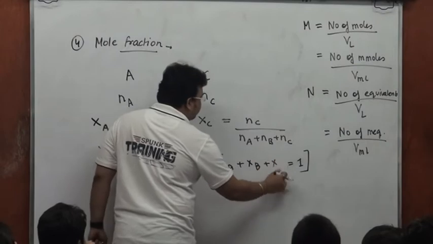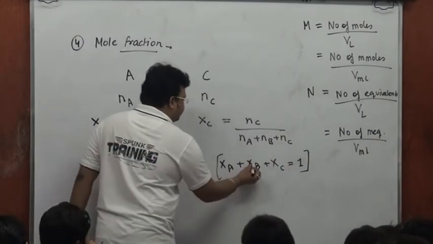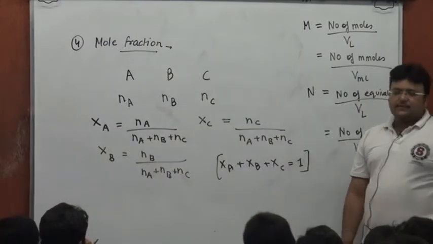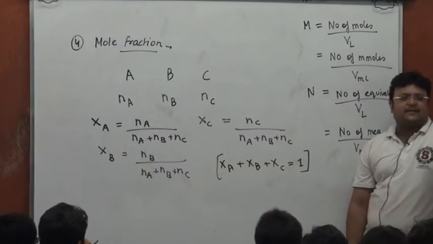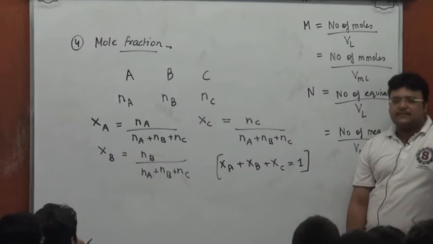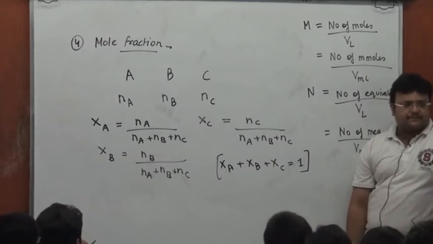This is one thing which people pick up very readily. I believe you'll be good at pointing out the mistakes I make here. Mole fraction of A plus B plus C is going to add up to unity.